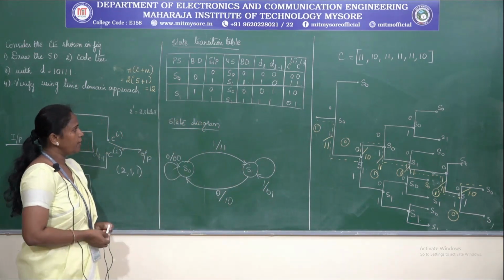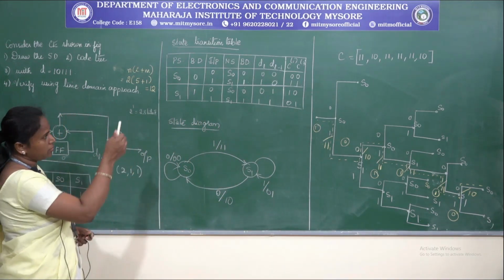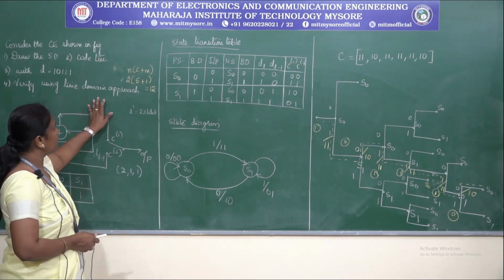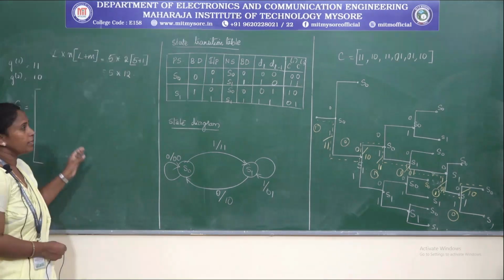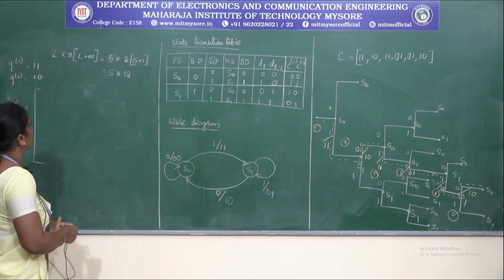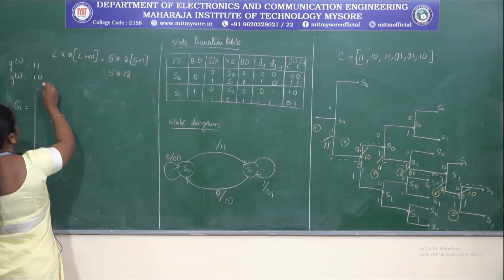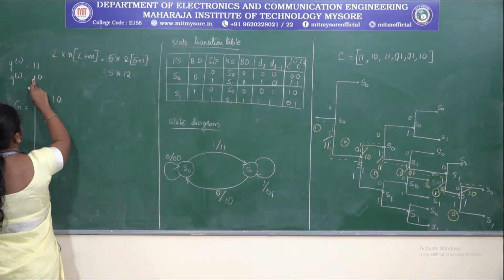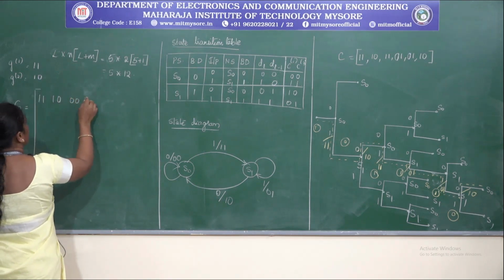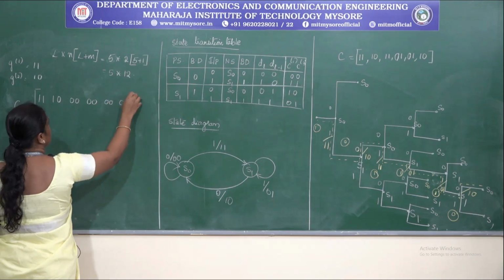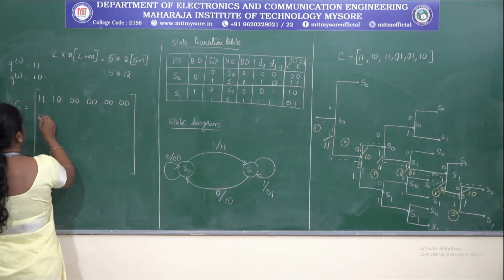Now we need to verify whether the code we have got is correct with respect to the time domain approach. Looking into the encoder block diagram, we have g1 and g2 as 1, 1 and 1, 0. Looking into that, we need to construct the generator matrix. So 1, 1, 1, 0, and the rest we need to fill with zeros, so we have 12 bits now.